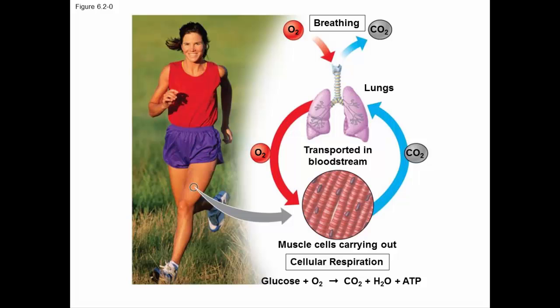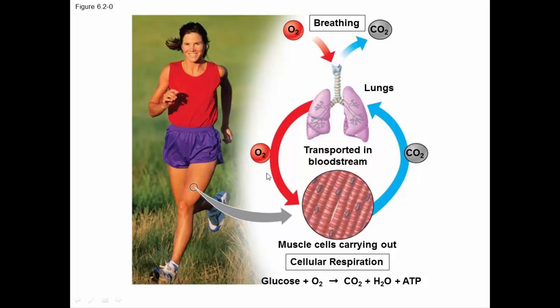So now that we've taken in energy, we need to actually convert it to ATP. And to do this, we have to breathe. It turns out that the reaction to produce ATP relies on oxygen. So we take in oxygen via breathing in lungs.